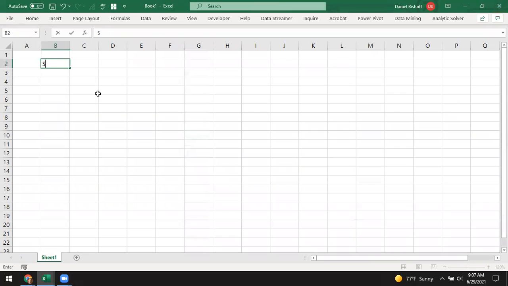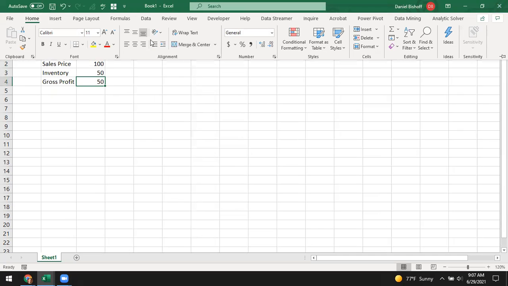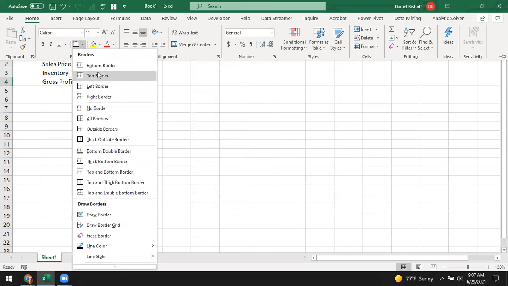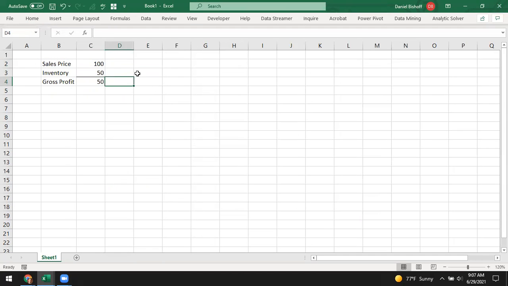Let's just say sales price is $100. Inventory is $50. Gross profit is sales minus inventory. So our gross profit is $50 in this case.